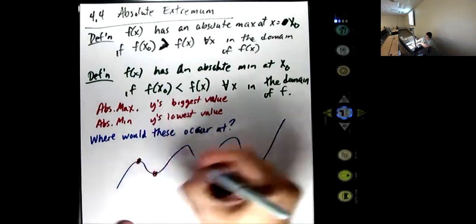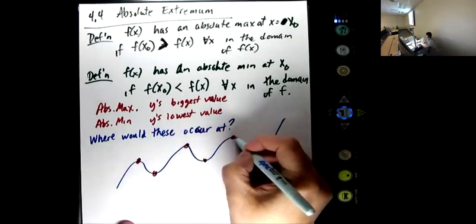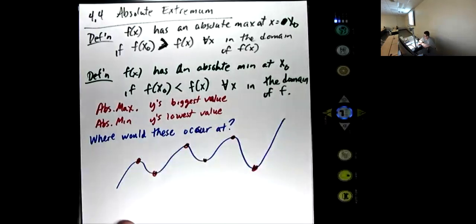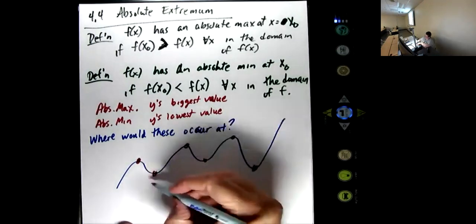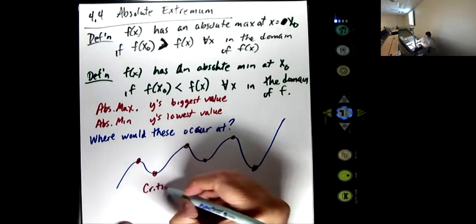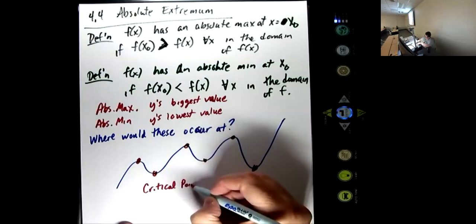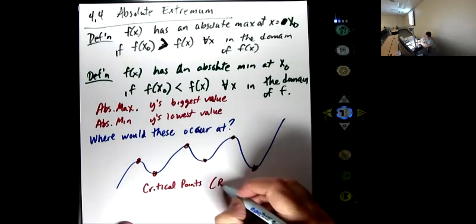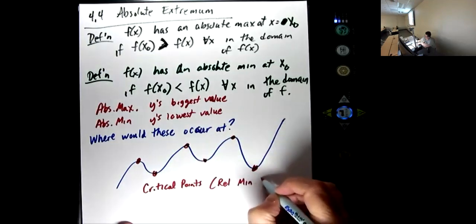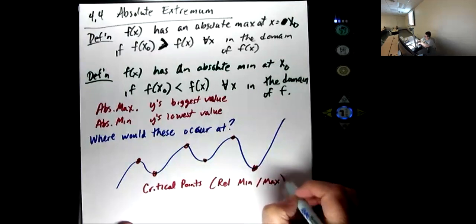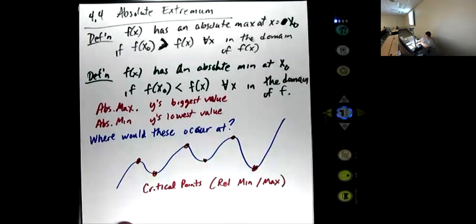Here, if we don't have the graph, we don't know which one it is. So the critical points, or relative mins and maxes, from the first derivative.